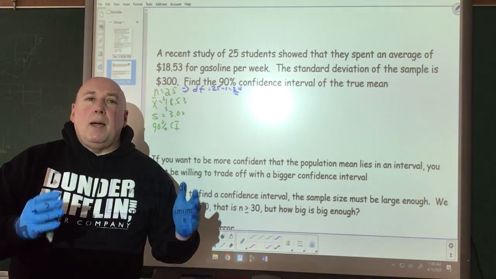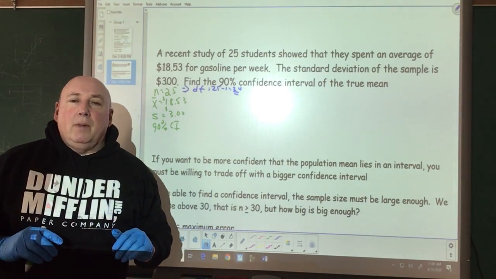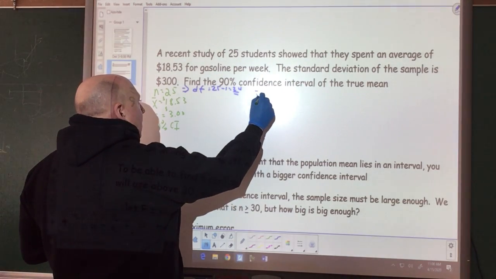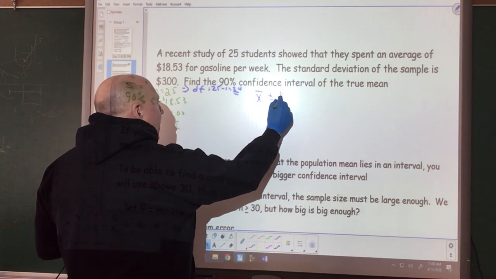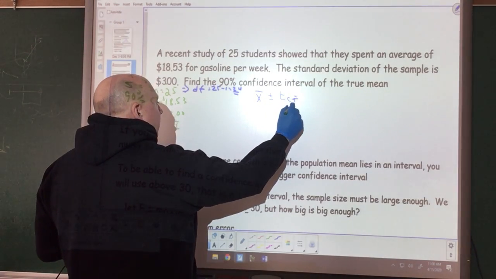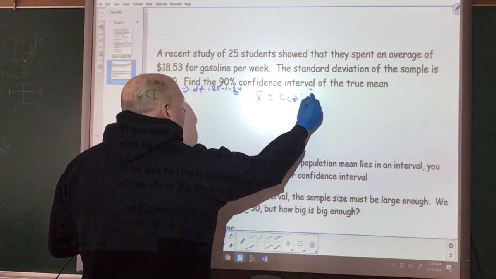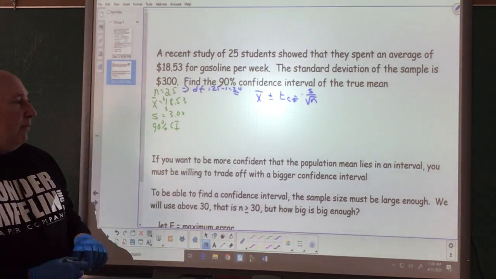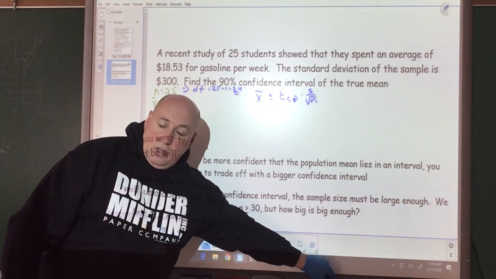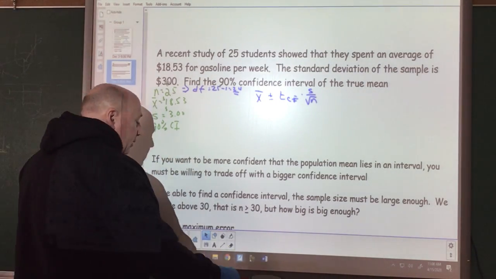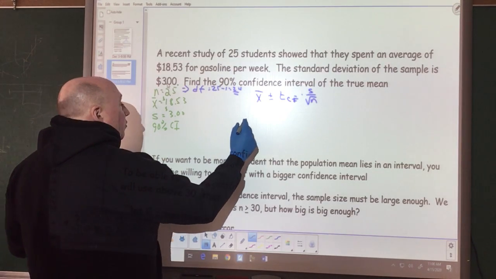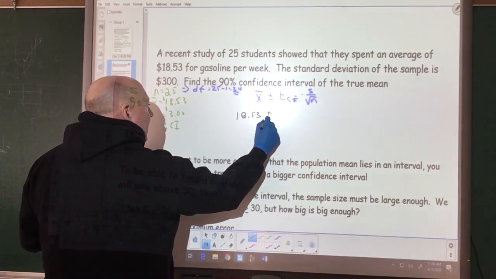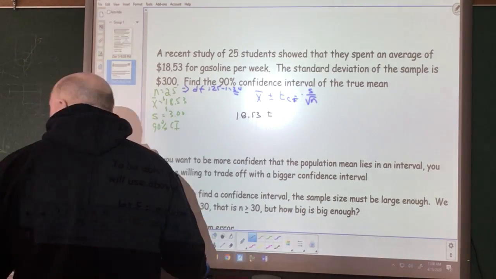To calculate my confidence interval for my population mean, we have our x bar plus or minus my t for the confidence interval times the standard deviation divided by the square root of n. We have our x bar, which is $18.53. I need to add or subtract my t value for my confidence interval.